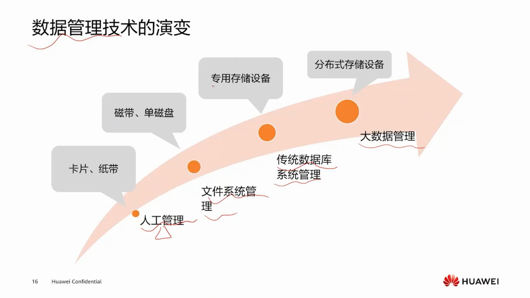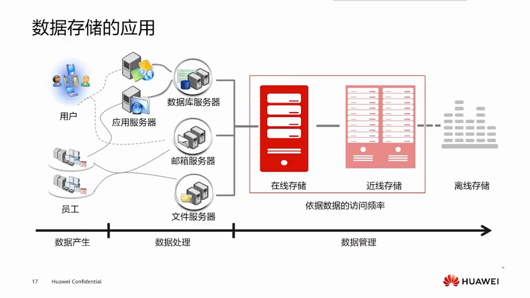With the upgrade of storage requirements, dedicated storage devices began to appear, and data management entered the traditional database system management stage. Now, data management technology has developed to the big data management stage, and distributed storage devices have begun to appear. In these years, distributed storage devices have become a very popular type of device.